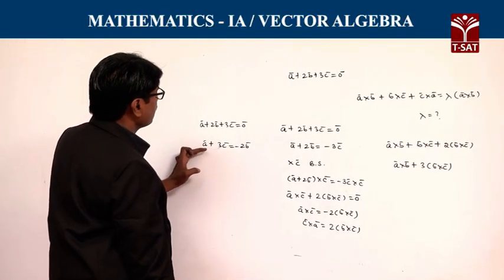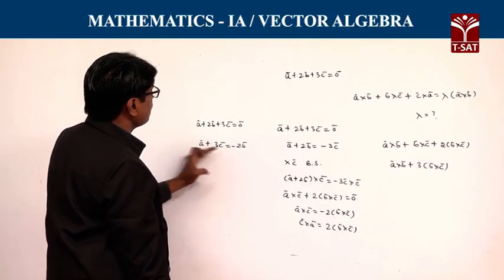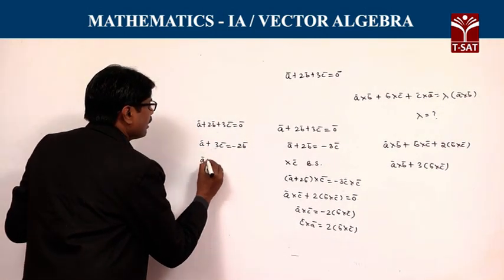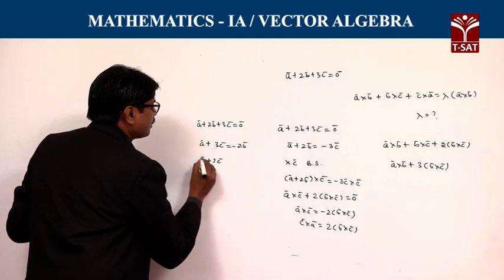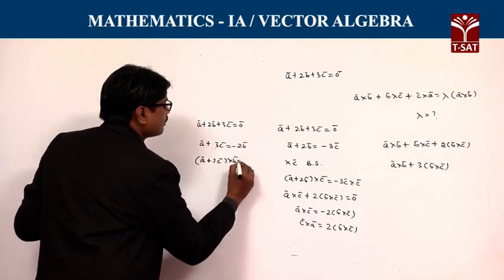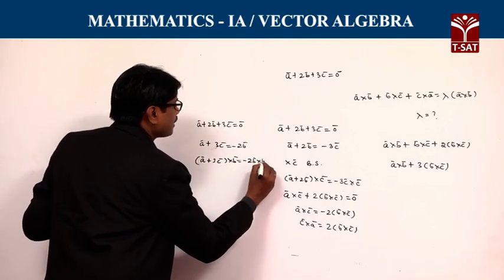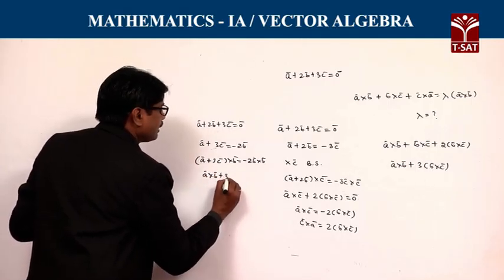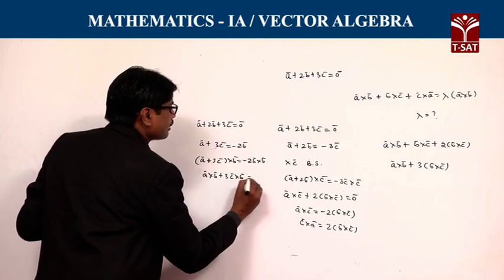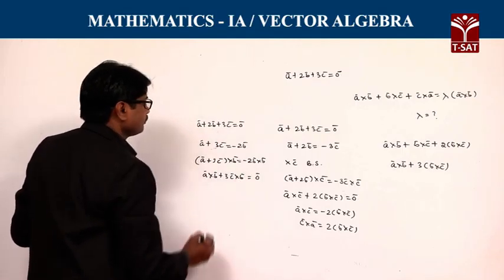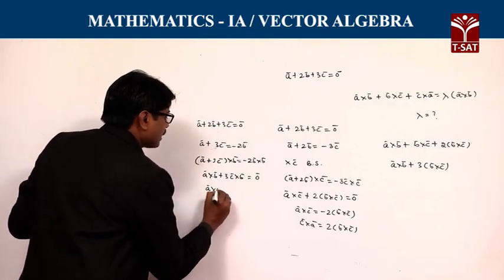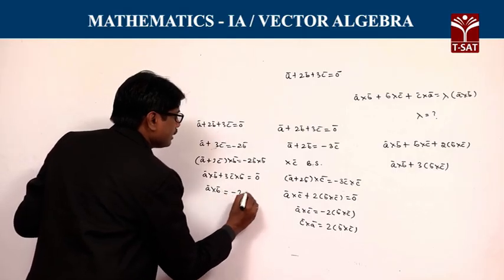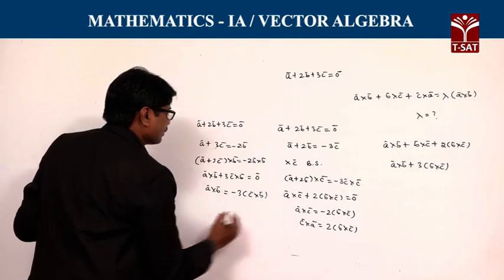Now apply cross B bar on both sides. So A bar plus 3C bar cross B bar is equal to minus 2B bar cross B bar, which is A bar cross B bar plus 3 times of C bar cross B bar is equal to 0 bar. The A bar cross B bar is equal to minus 3 times of C bar cross B bar.